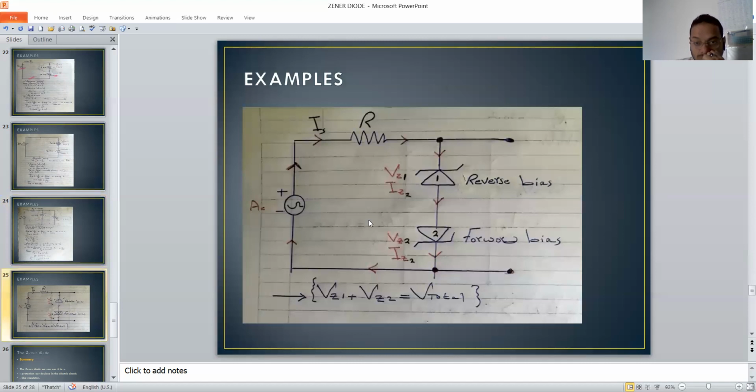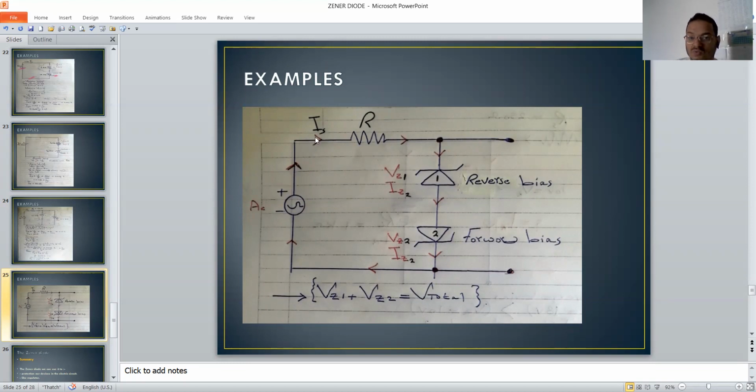Let's go to the last image here, to illustrate both of them, reverse bias and forward bias. We can connect all of them by using the same bias kinds in the same circuit. We can know which of them will be reverse bias and which will be forward bias from the current direction.